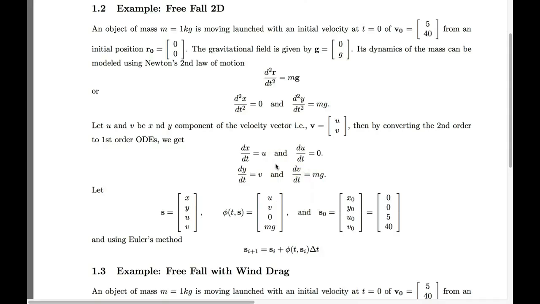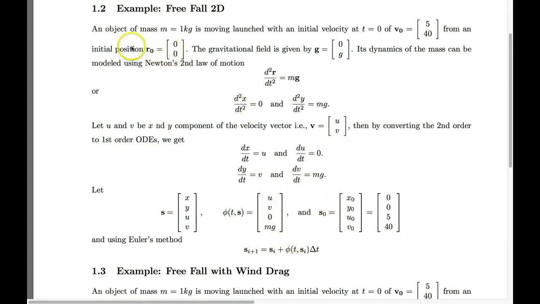As we talked about in class, now we have a system of equations. Our goal is to find x, y, u, and v. So we create a state vector, which is x, y, u, v, and a slope function, which we get from the other side of these equations: u, v, 0, and mg. That's our slope function. We also have our initial conditions.